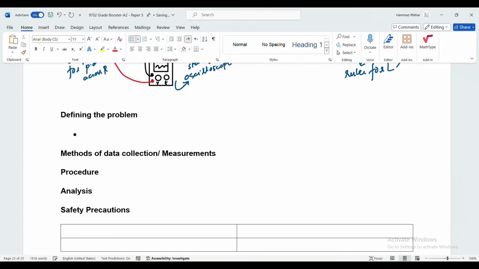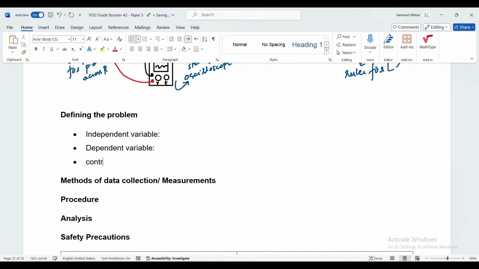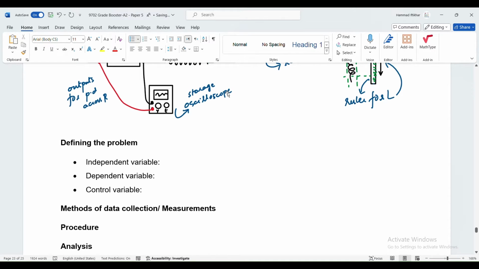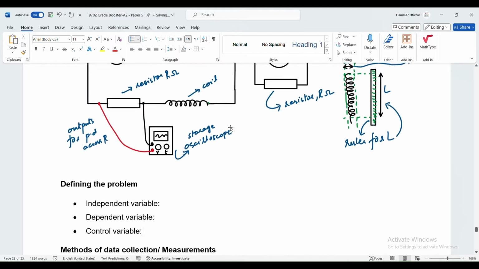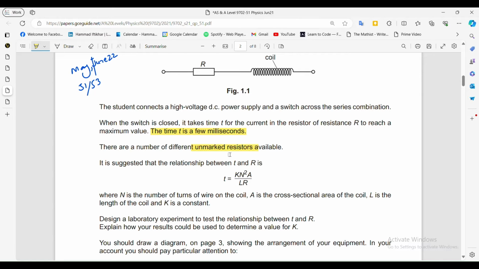All right. Now let's start off with defining the problem. So obviously this means that we need to decide what is going to be our independent variable, what is going to be our dependent variable, and what is going to be our control variable. Okay, so let's go back quickly and see what they said.